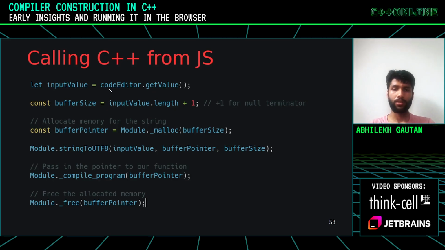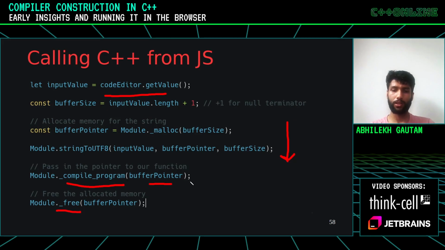So this is just normal JavaScript flow. We read the value from the code editor, and we create some buffer for it. Then we call the compile program function that we exported earlier using Emscripten, and we just pass in the pointer to it, and that's it. And this is just malloc and free.